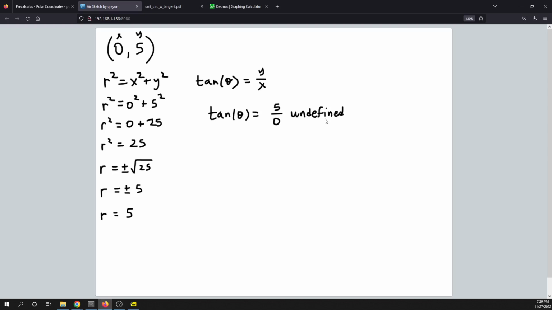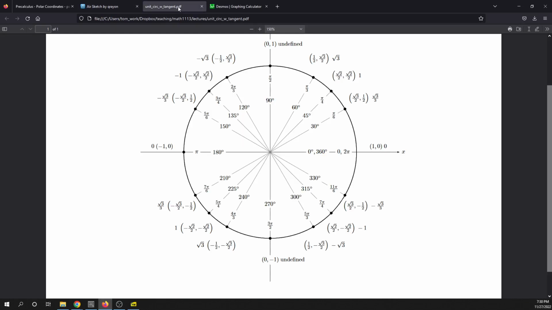However, there are some angles on the unit circle where the tangent is undefined. So going back to this unit circle, and again, I've talked about this particular unit circle in a previous video. This is just the standard unit circle, and I just labeled each point with its tangent.